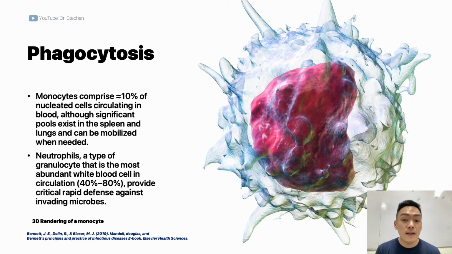And neutrophils, a type of granulocyte which is the most abundant white blood cell in circulation, around 40% to 80%, provide a critical rapid defense against invading microbes. And in response to an inflammatory stimulus, neutrophils migrate into infected tissues where they bind, engulf, and kill the microbes.